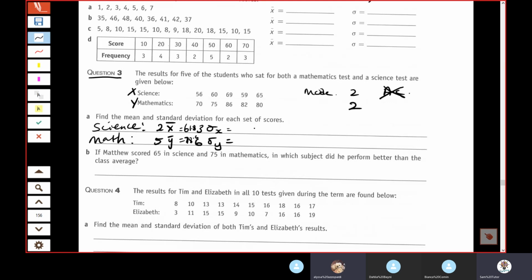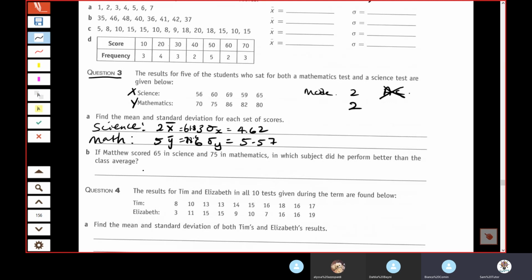Just give us like 2 decimal places. 4.62? Yep. And then for y now, I got 5.57. 5.57. Okay, cool. Easy. So that's just a bit of a quicker way of doing it because you get to put both in at the same time.